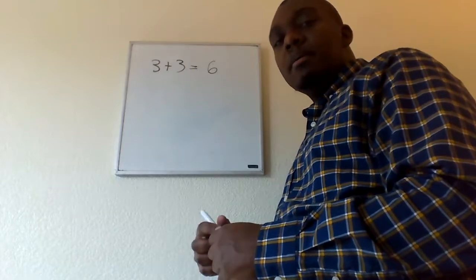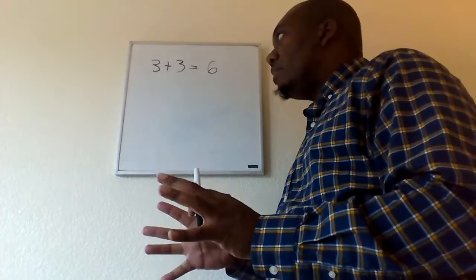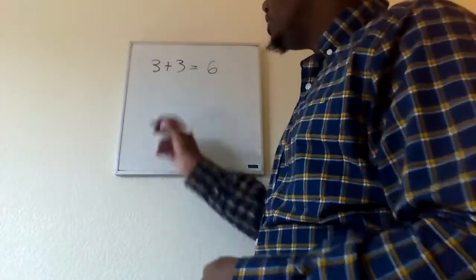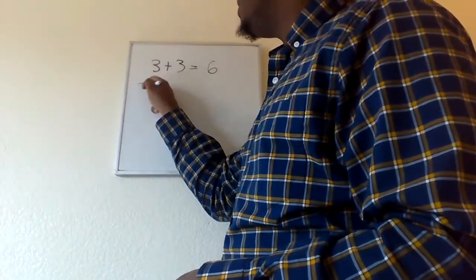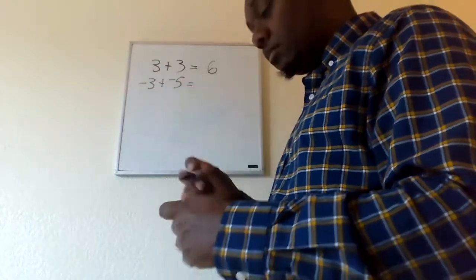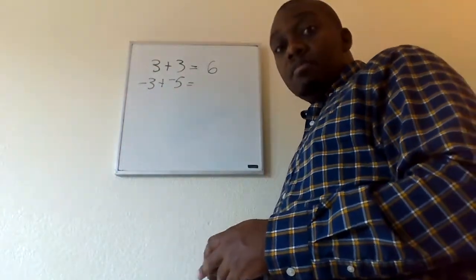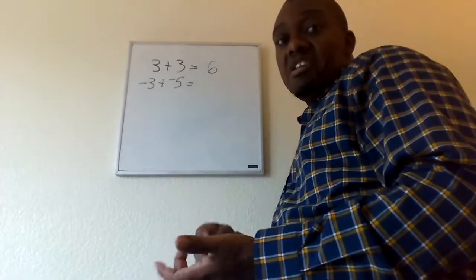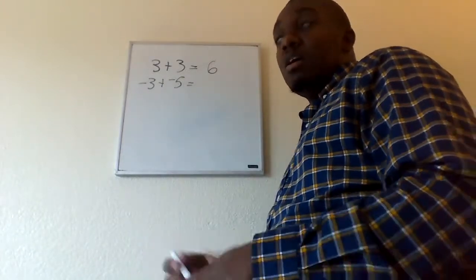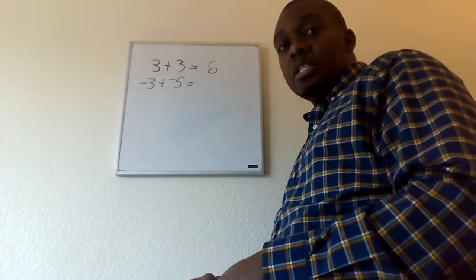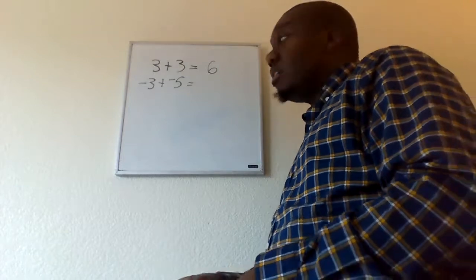Well, okay, Mr. Stevens, I get that, but what happens when you have those negatives in there? Because that always freaks me out. Okay, let's say we have negative 3 and negative 5. If I owe someone $3 and then I owe them 5 more, how much would I owe them in total? Or if the temperature was negative 3 degrees and it went down 5 more degrees, where would it be now?